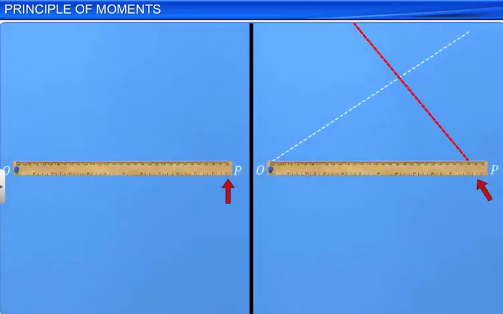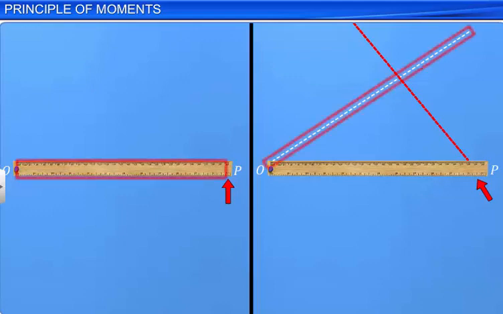The moment of the force is also referred to as the torque acting on the body, and its magnitude is equal to the product of the magnitude of force F and the perpendicular distance between the point about which the body rotates and the line of action of the force.